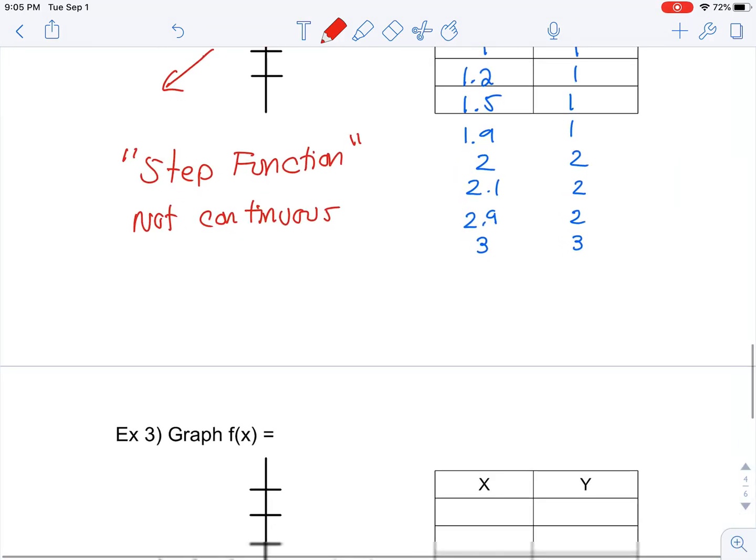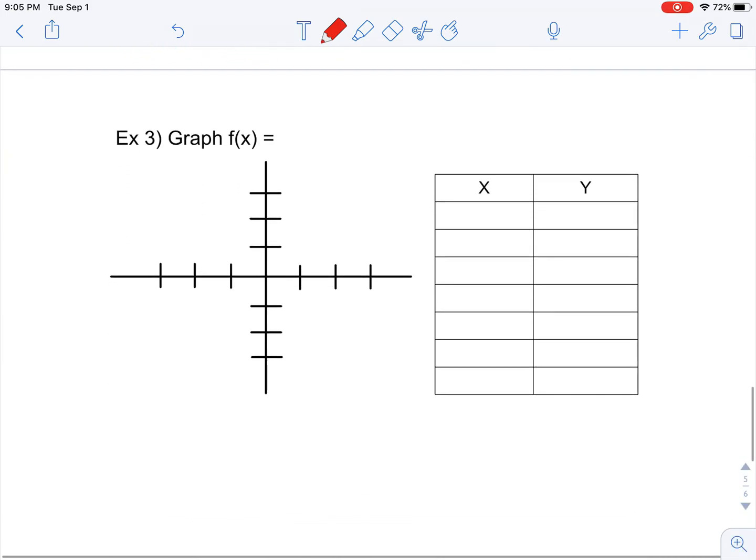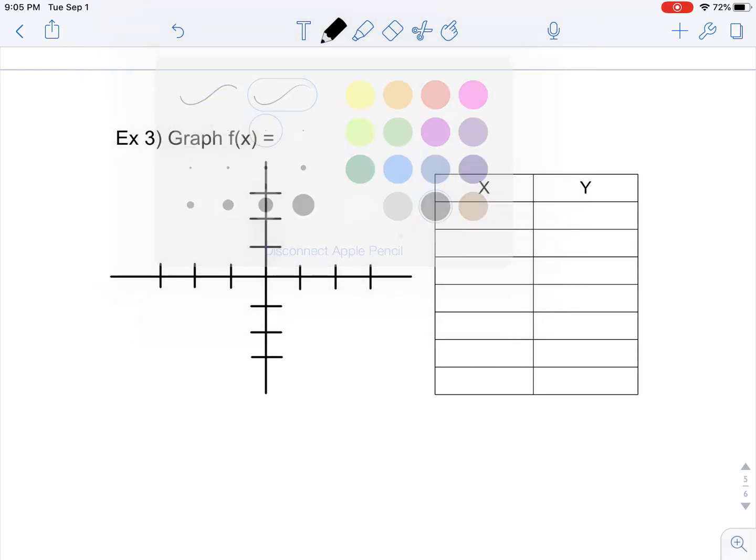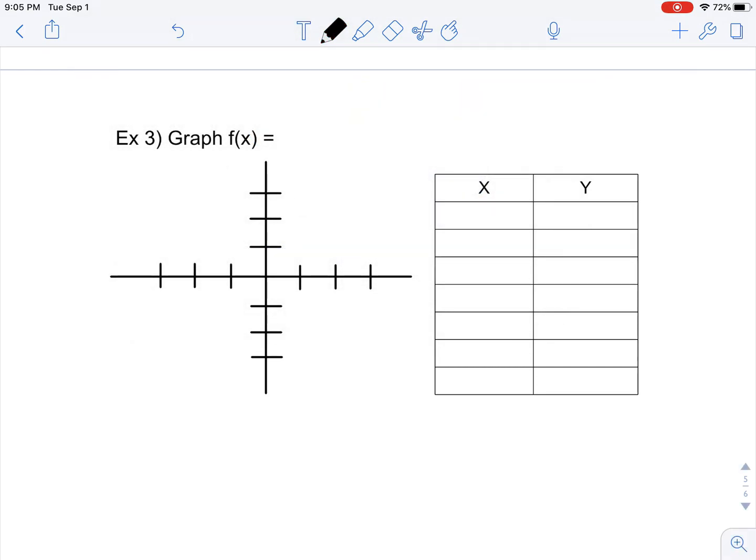Now, we're going to be spending some time talking about transformations, but without even performing the transformations or reviewing what those look like, I could still have you graph a greatest integer function with a simple transformation. So if I asked you to graph the greatest integer of x plus 1, we could do the same thing. Plug in some different values for x.